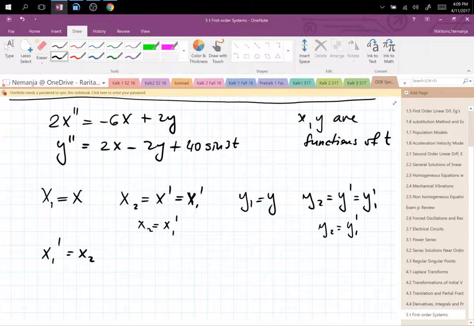Which is the x2 prime, great. So if you differentiate here, you get that relationship, which is x double prime. So we have 2 x2 prime is equal to negative 6x1 plus 2 y1.